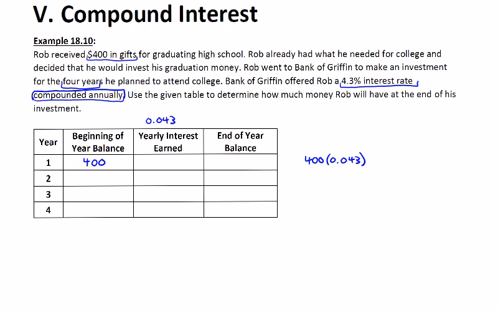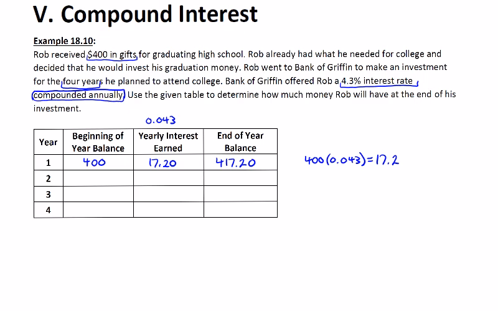And you should end up with exactly 17.2, which has to be interpreted in monetary terms, and so that would be 17.20. Add that to the $400 that he already has, and at the end of the first year, his investment account now has $417.20 in it.